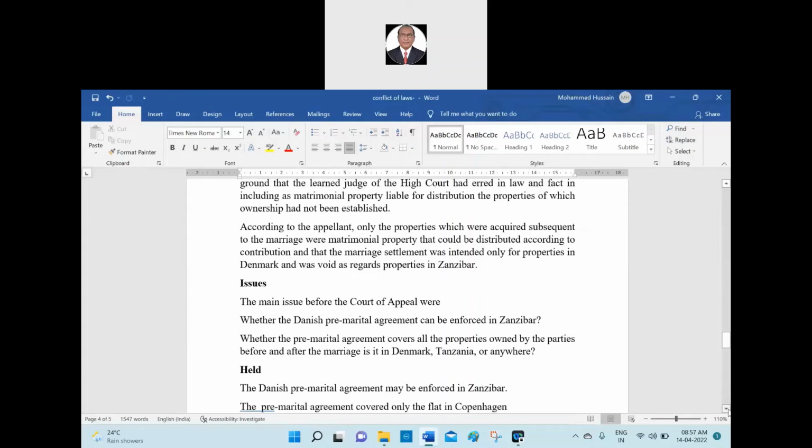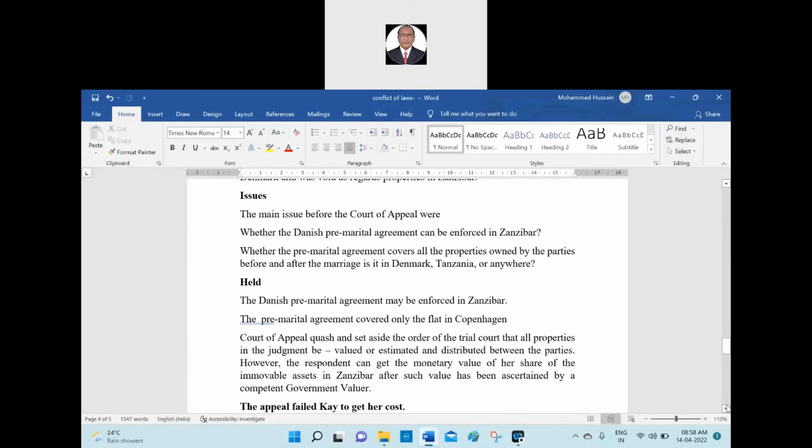So the Zanzibar properties cannot be taken into consideration, and the contract of Denmark is valid, but it is not valid in Zanzibar.